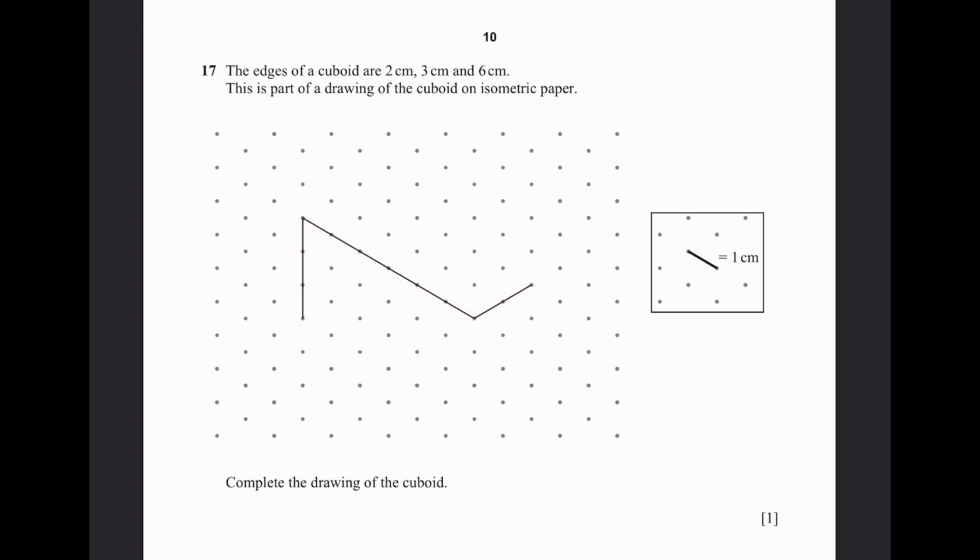And therefore, using the fact that 1 centimeter is 1 unit there, we can draw 3 centimeters down here to complete this face, along with 6 centimeters here. Now we can complete another face by drawing this down here and this over here. And now for the third face, we have this 6 and 2 centimeters. That's the answer.